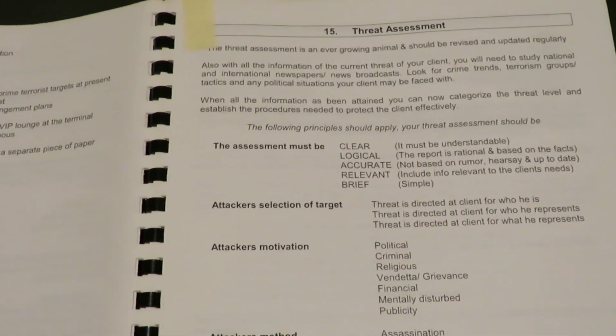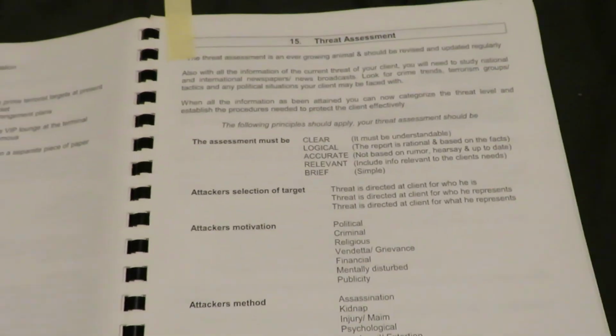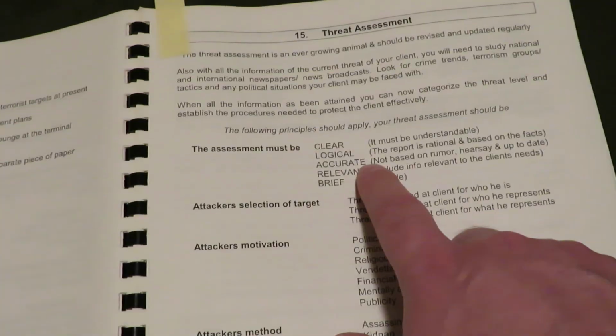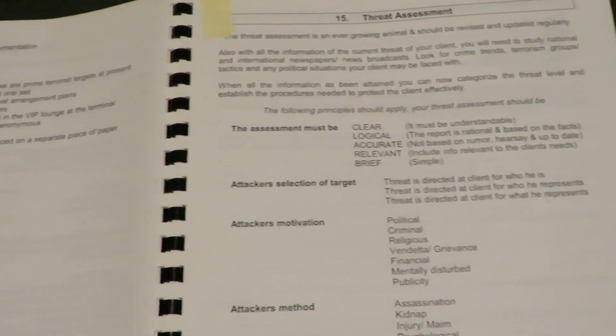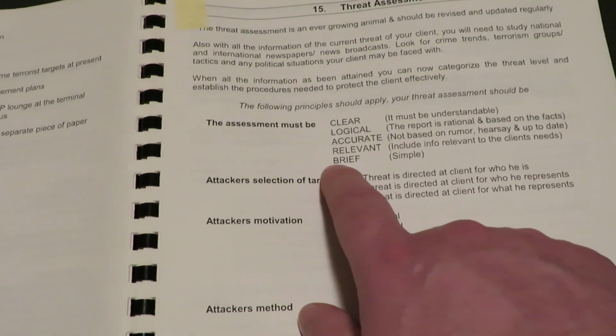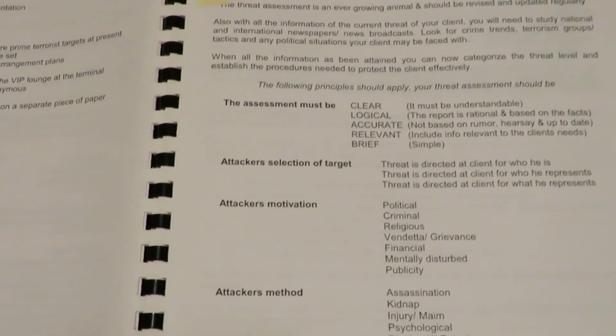A lot of these third-party journalistic news outlets are on X and wherever else, and you need to verify that stuff if you're going to implement it into any kind of intelligence feed for you and your group. Relevant: include info relevant to the client's needs. And brief, or simple and concise.